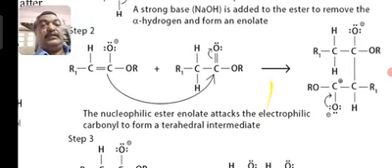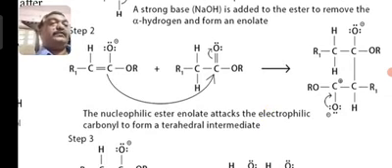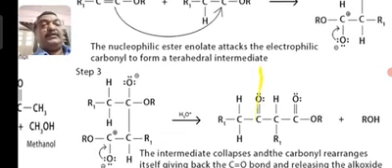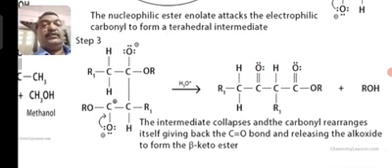So here the nucleophilic ester enolate attacks the electrophilic carbonyl to form a tetrahedral intermediate. So the tetrahedral intermediate is obtained. In the last step, what happened? This removes the molecule of proton. So whatever anion is formed, that will show RCH2CO minus OR linked with CHR and C minus O and OR.